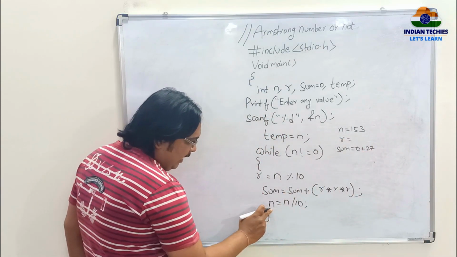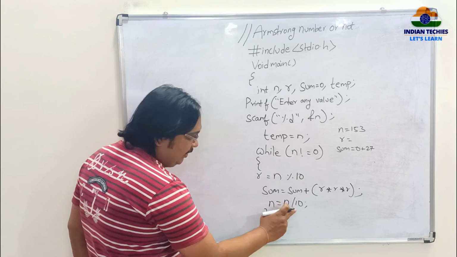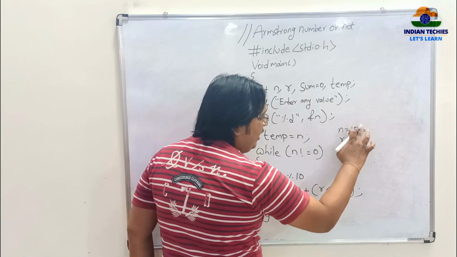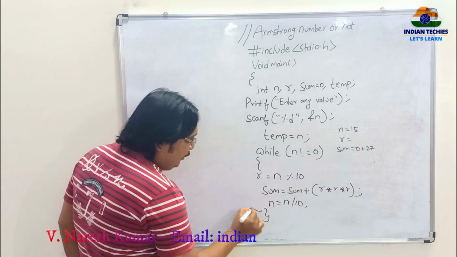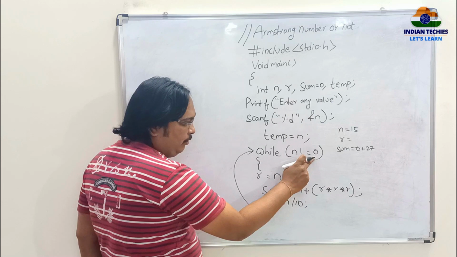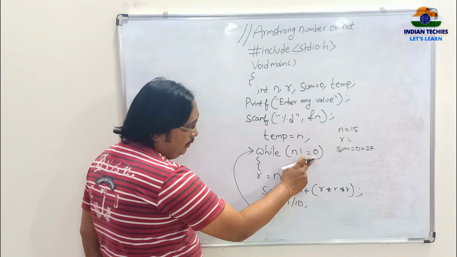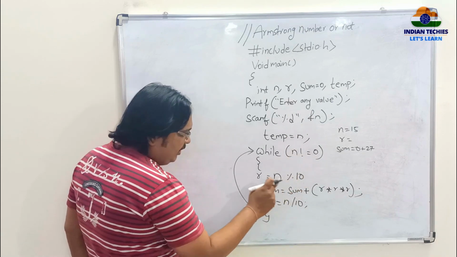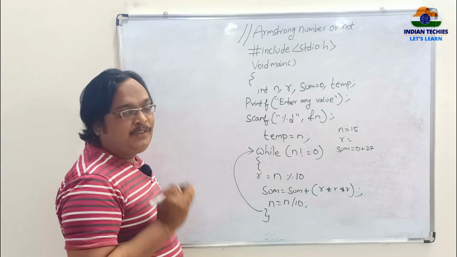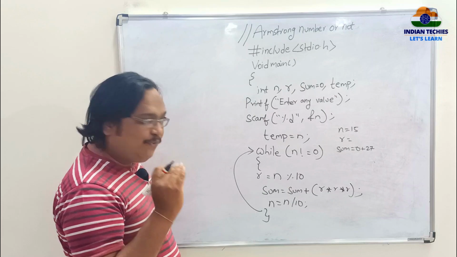Next, n value is still 153. 153 by 10, so the value is 15. Now n value is 15. Again, you go to the start of the loop. What is n value now? 15 not equal to 0? Yes. Go inside. 15 mod 10. The remainder, r, is 5.